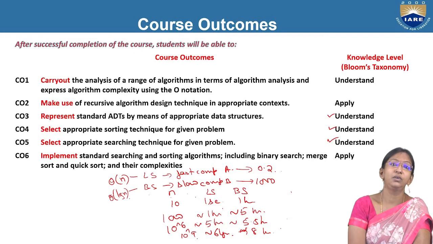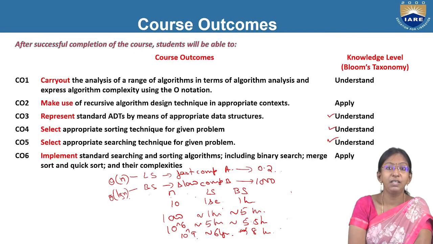So that you will be able to understand and judge. If the size of the list is less, linear search is best. If the size is high, binary search is best, whatever the speed of the computer may be.